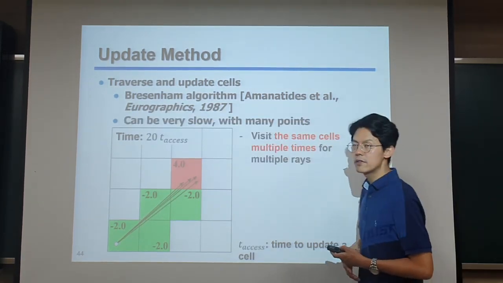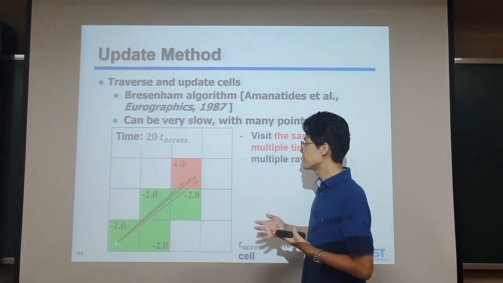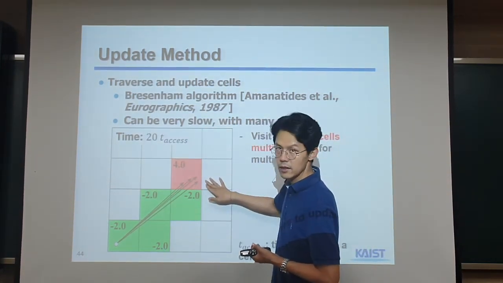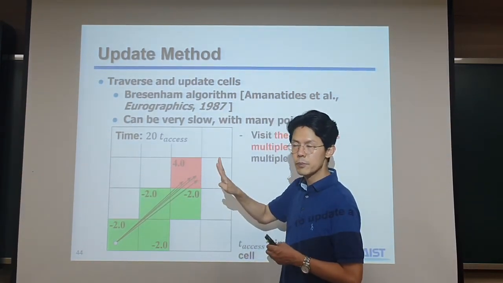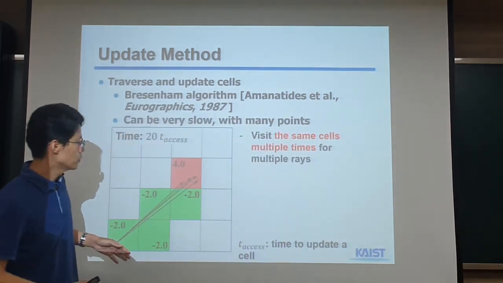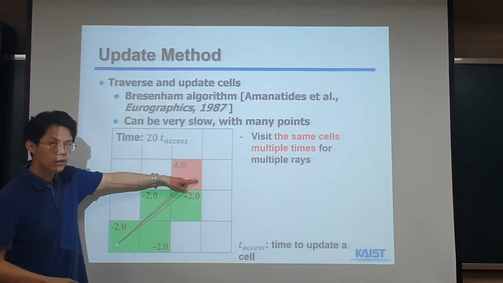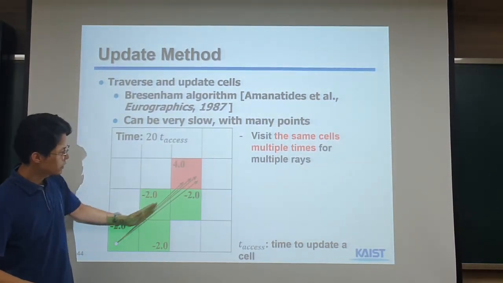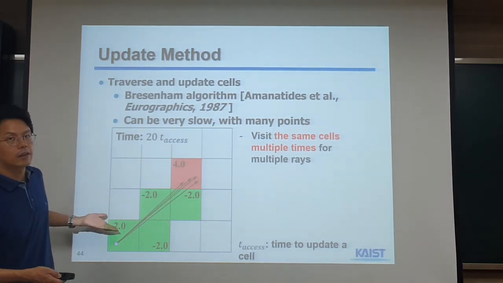But we found that when you have a very good sensor, there could be many points even in one cell. We might have four different points in one cell, and then we need to process this from the sensor origin to every single point by walking through the cells and updating the value, and obviously that takes a lot of time, right?